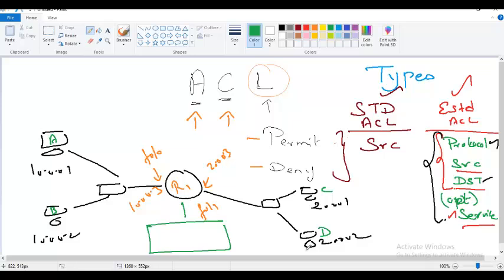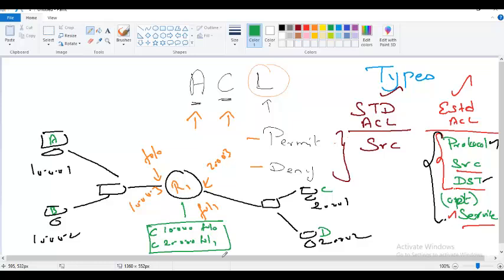No one can stop because there is a route in the routing table saying 10 is connected on F0/0, 20 is connected on F0/1. There is a route. They're going to talk.